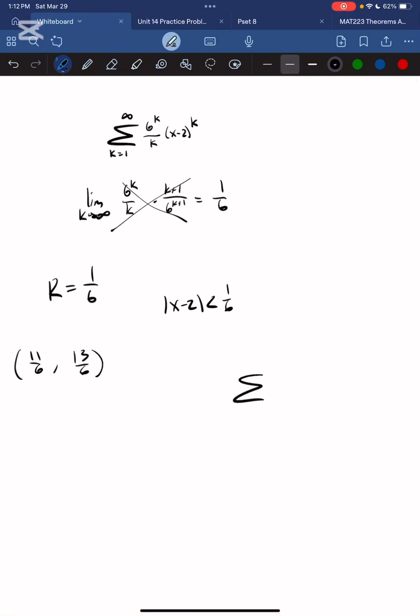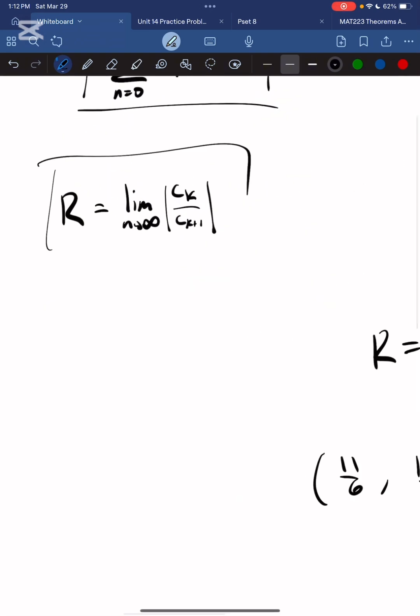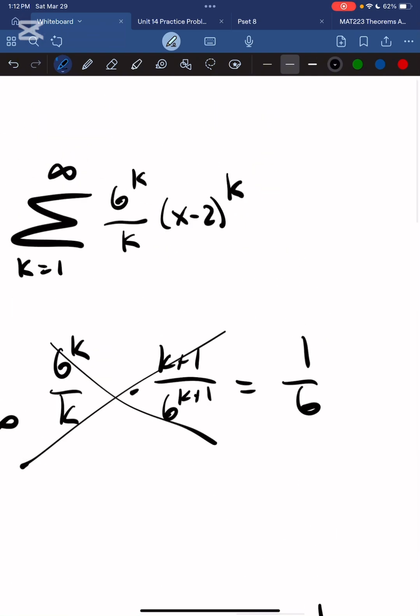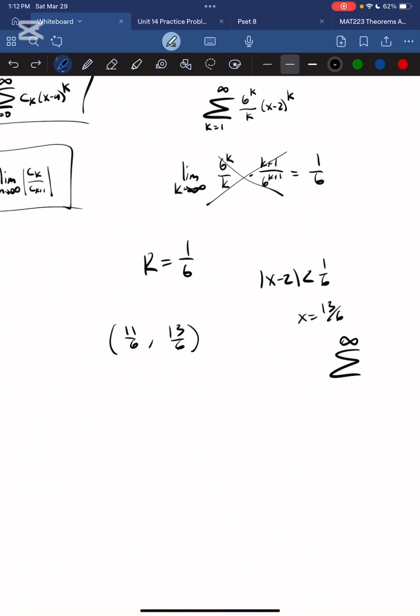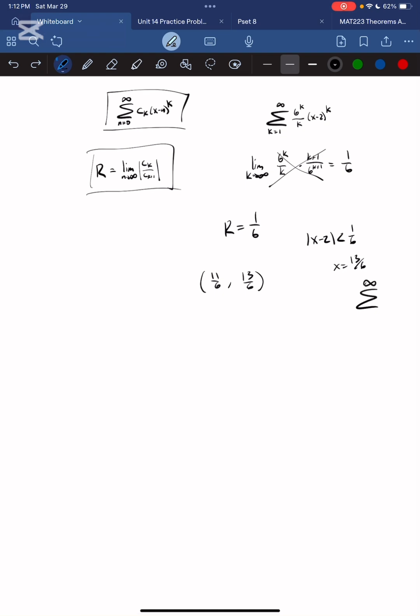Sorry, backtracking. The point of this is that it's just an extension of the ratio test. But in my opinion, it makes it a bit easier because you don't have to worry about the x term. It's basically the same thing, but I find it pretty useful.